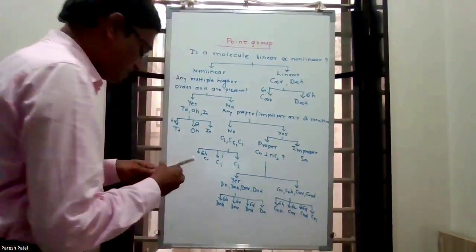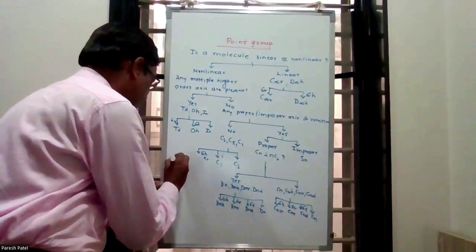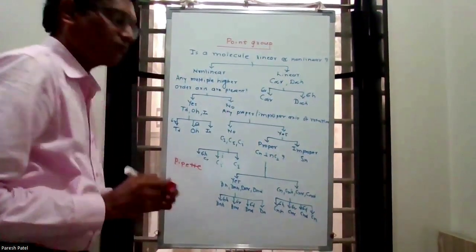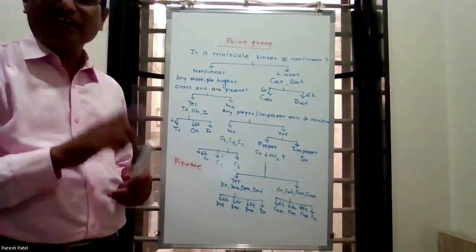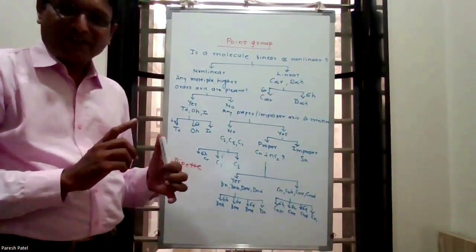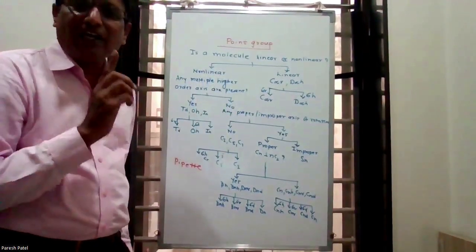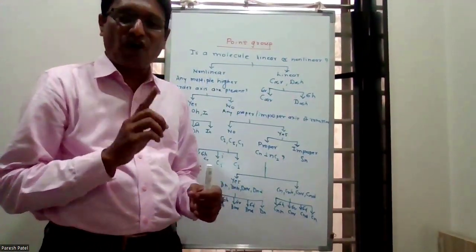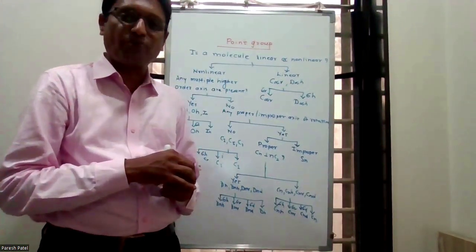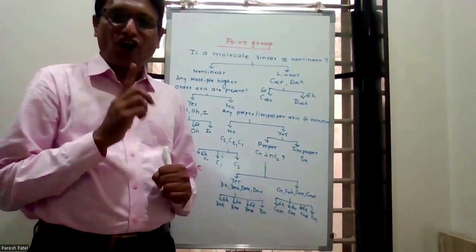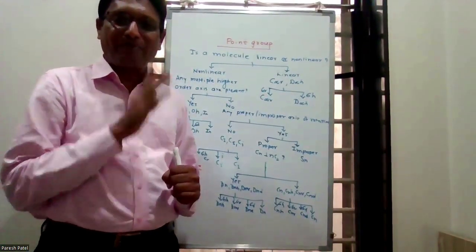Next example is pipette. Now, in case of the pipette, it is linear. It means C infinite V or D infinite H point group may be present. But the plane of the pipette is parallel to the main principal axis.